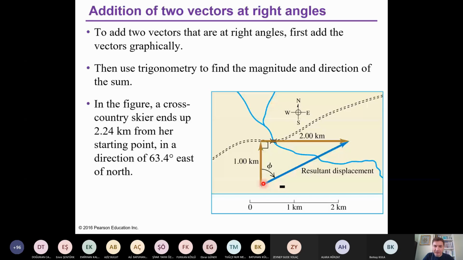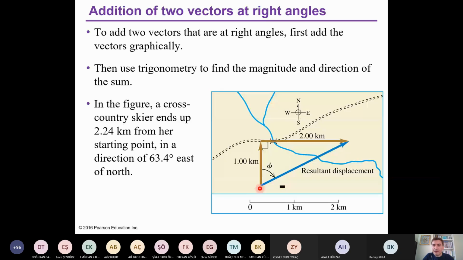This is north, south, east, west, 1 kilometer along the north. And then she goes over the bridge, over the river, 2 kilometers to the east, okay? So this is the resultant displacement.